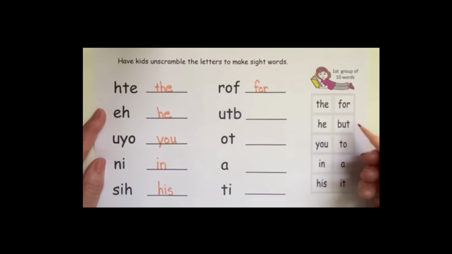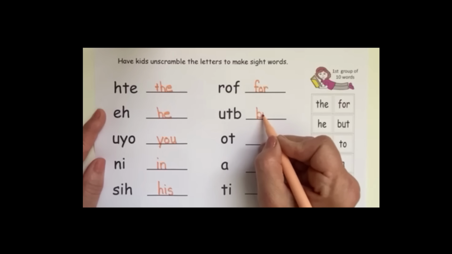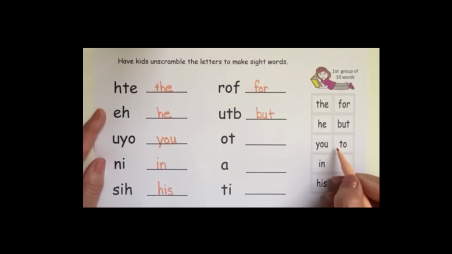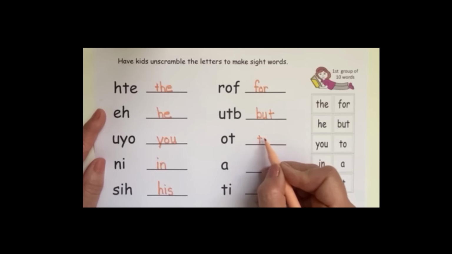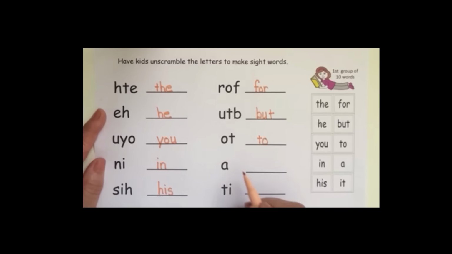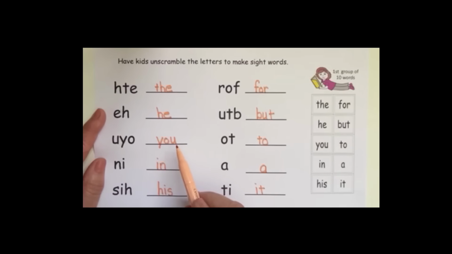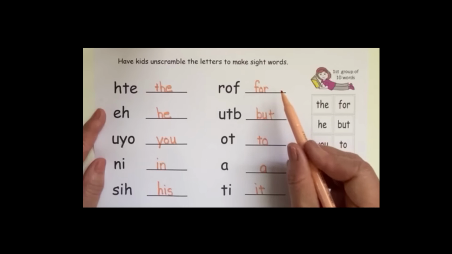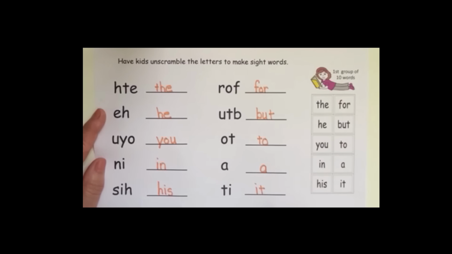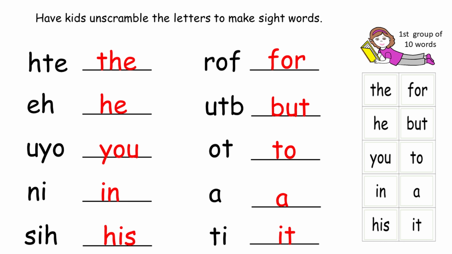Then we go to but, B-U-T, to, T-O. A is a letter and it is also a word. And then our last word, it, I-T. Then with the kids, read them quickly. The, he, you, in, his, for, but, to, a, it. This is a completed example.